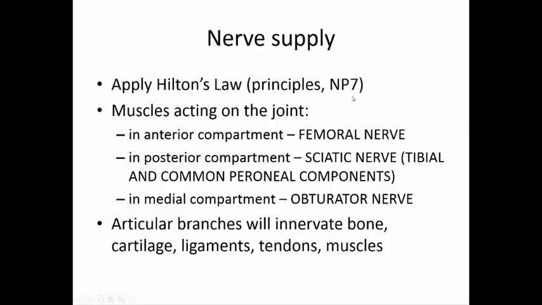So the muscles at the joint in the anterior compartment were innervated by the femoral nerve. So the anterior knee will be innervated by our femoral nerve. Likewise, the skin over the anterior knee is innervated by a branch of the femoral nerve. In the posterior compartment, we had the tibial nerve innervating these hamstrings. The posterior knee will be innervated by the tibial nerve.